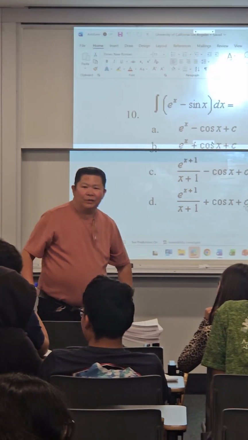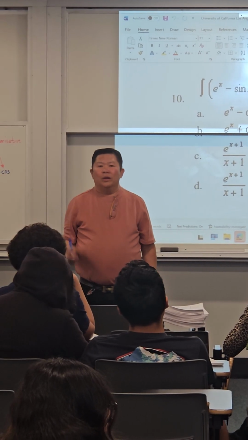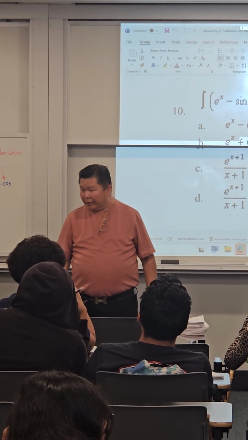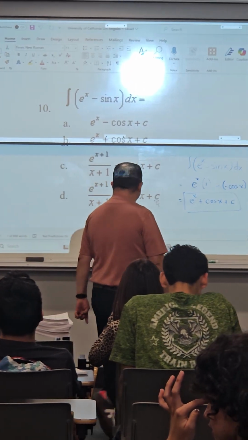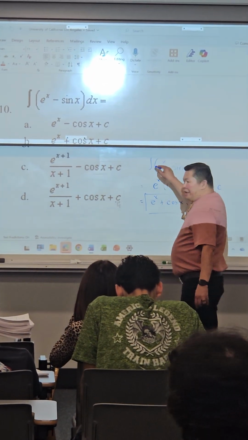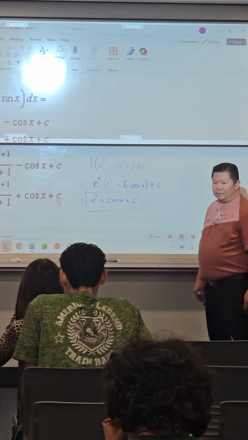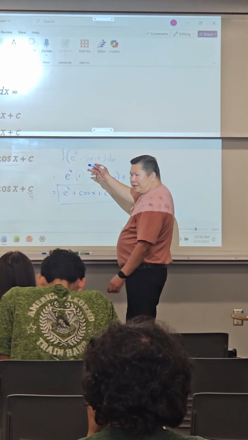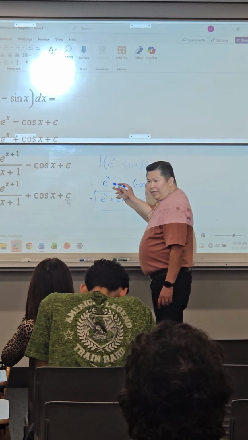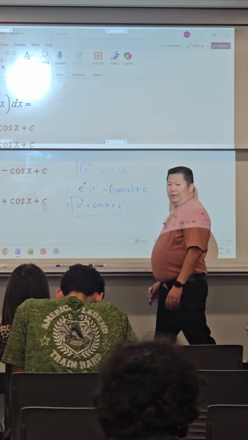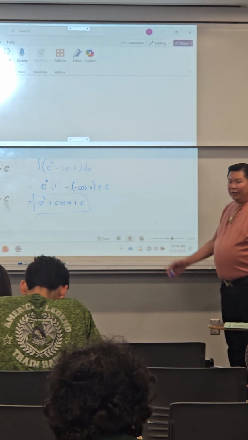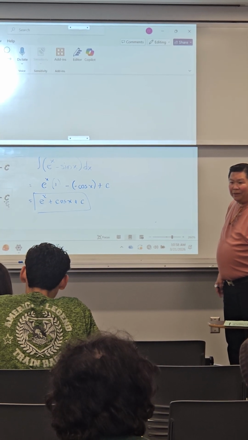Okay, that's a very good question. The question is, when are we going to use antiderivative or derivative? Once you have the integral sign, that means antiderivative. Actually, this integral sign is just integration. Are you satisfied with my answer?